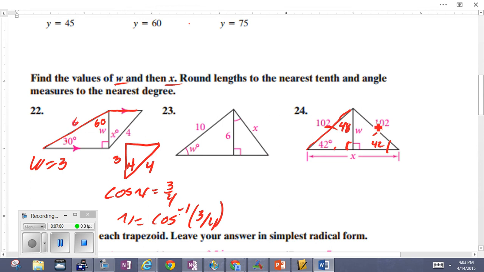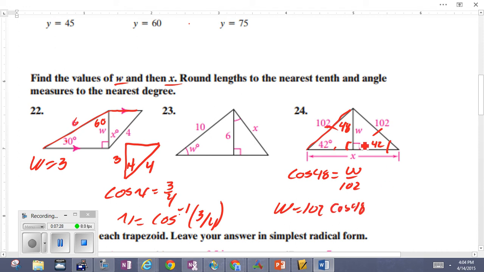So we know that these two triangles are congruent. We can find W using the cosine. So the cosine of 48 is going to equal W over 102. That'll find for us whatever W is. W is equal to 102 times the cosine of 48.